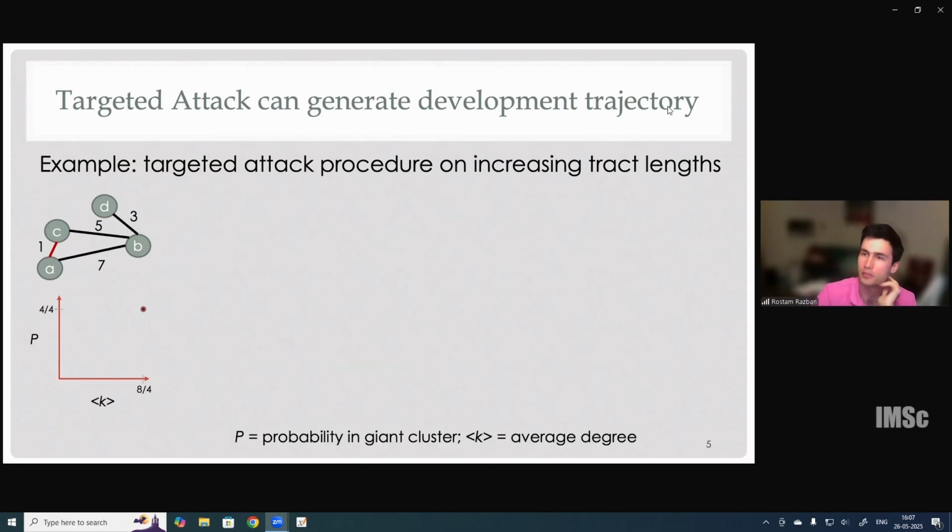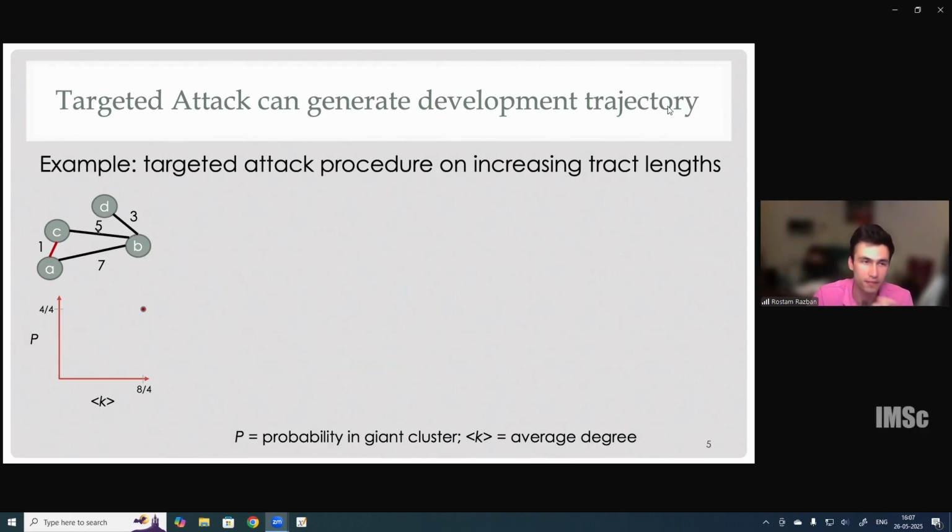And here I'm going to try to show schematically what targeted attack looks like. So let's say we have this network A, B, C, D, and they're connected by edges with certain lengths. I hopefully tried to draw this correct to scale. A and C have the shortest connection of 1. The second shortest connection is B to D, which is 3 arbitrary units.